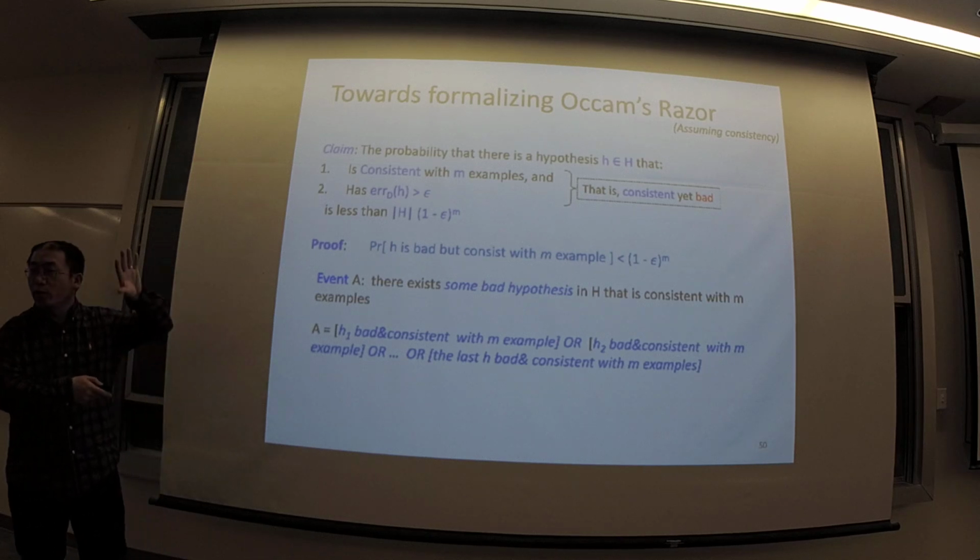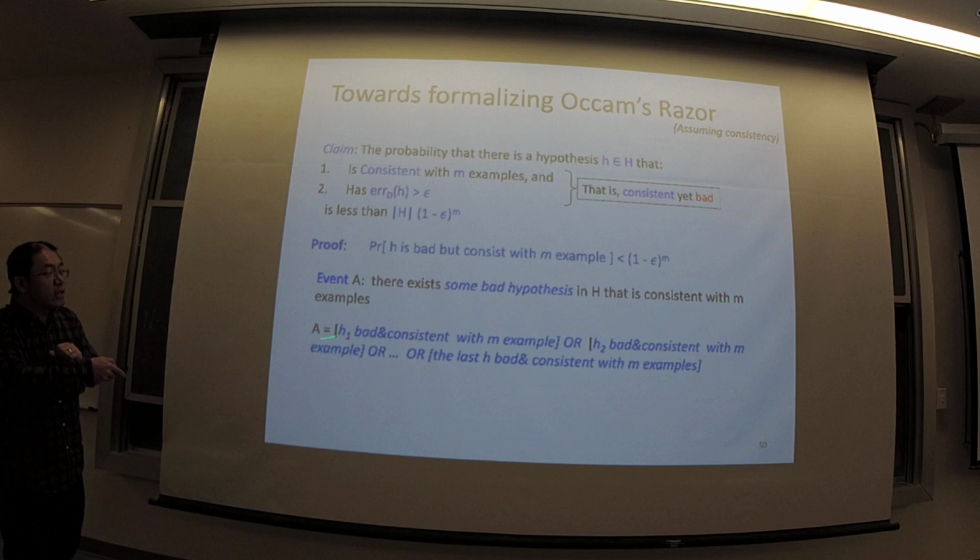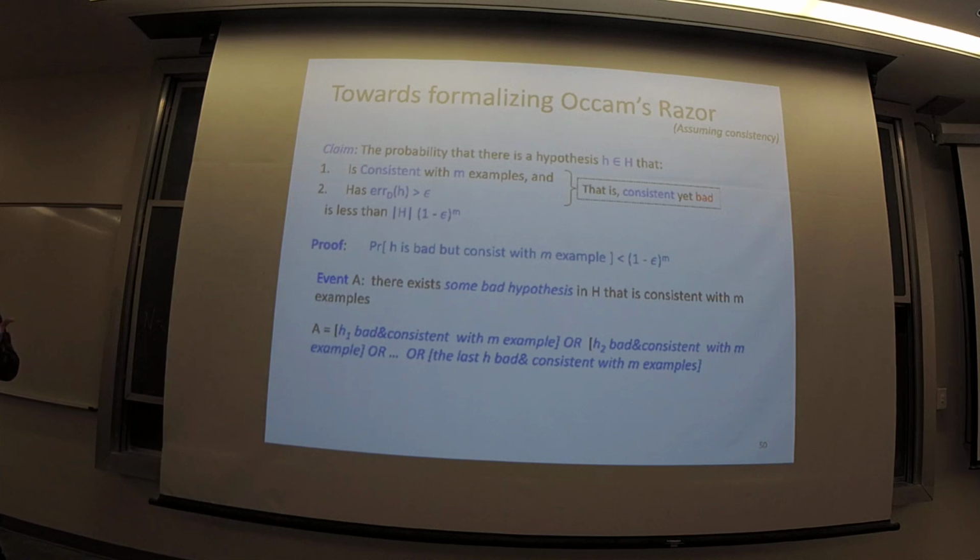Let's remember what we have done for homework 0. This is useful for homework 0. It's just the definition of the set representation of events.